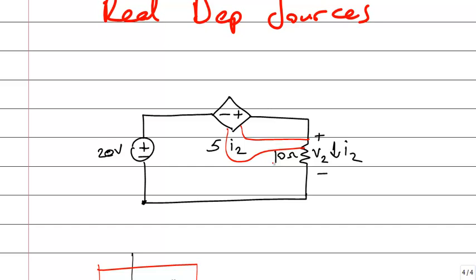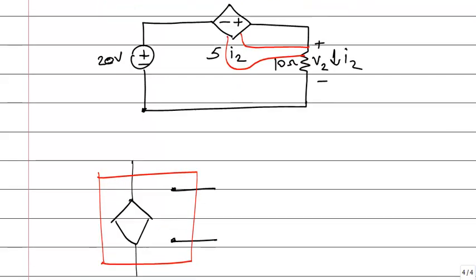Via these cables, it can read the current or voltage of the component that it's connected to. And in real life, many times we don't have components called dependent sources. You can design a dependent source. It will be a circuit. Most probably it will contain some transistors. It has some outputs.